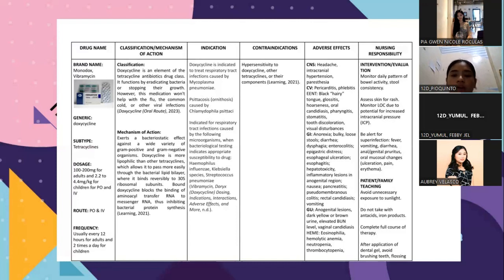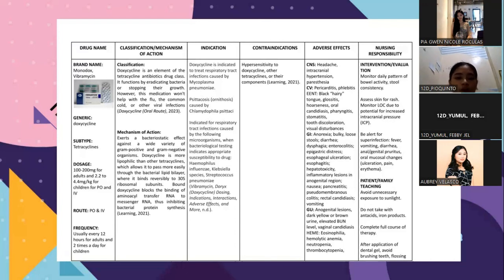In respiratory tract infection caused by certain microorganisms, doxycycline is used when bacterial testing shows that the specific microorganisms causing the infection are susceptible to this antibiotic. These microorganisms may include Haemophilus influenzae, Klebsiella species, and Streptococcus pneumoniae.